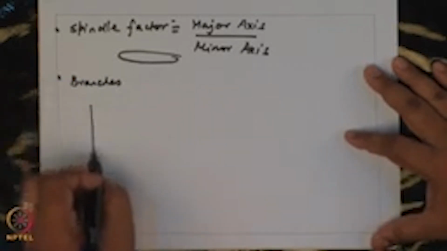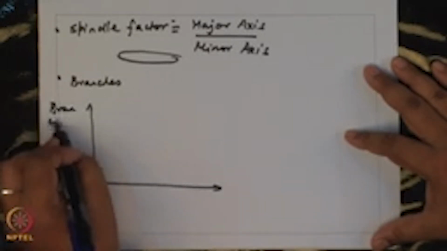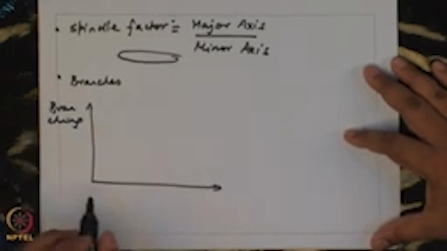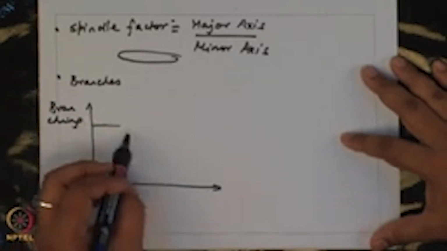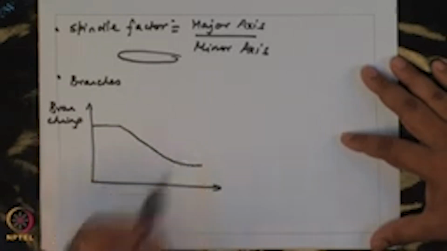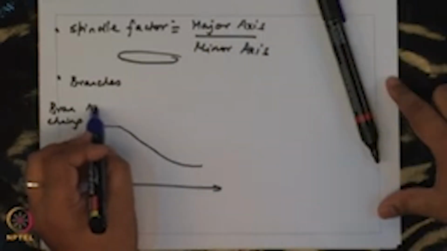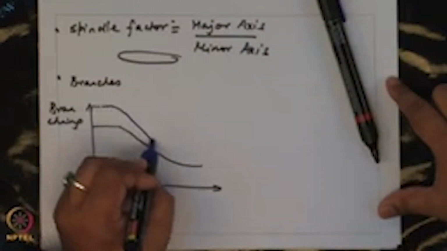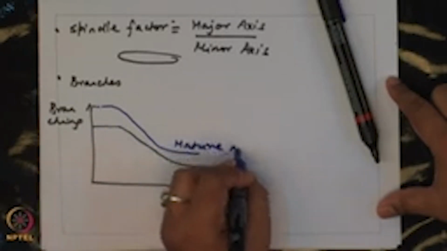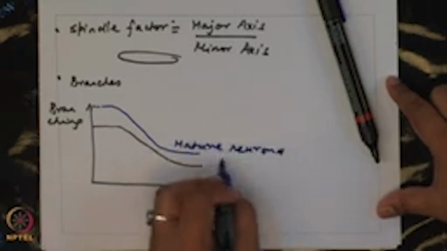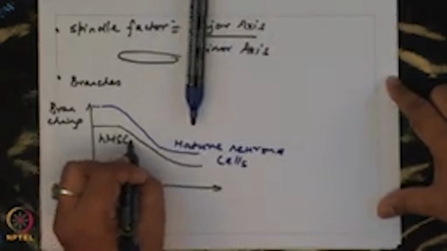What they found in terms of branching was that you had the maximum branching on the soft surfaces and then there was a drop. They observed identical behavior with neurons, mature neurons. This is mature neuronal cells, and these are your HMSCs.